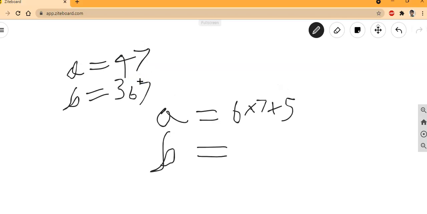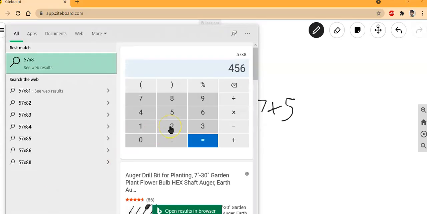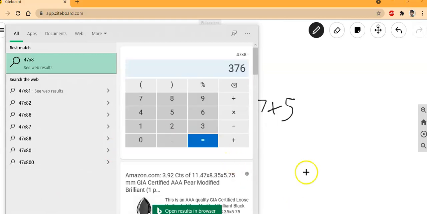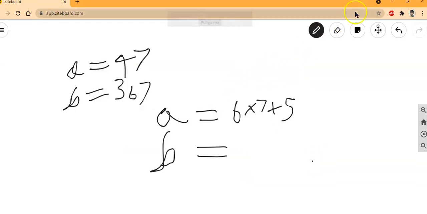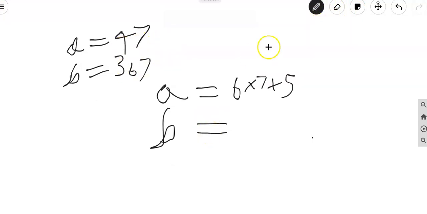Wait a second, just a second. 7 times 8. Yeah, so 376. So that's how we solve the basic problem.